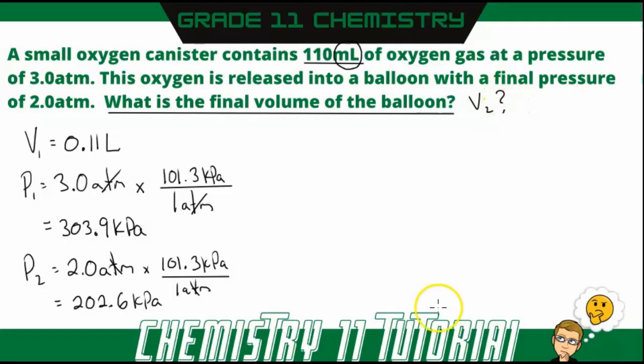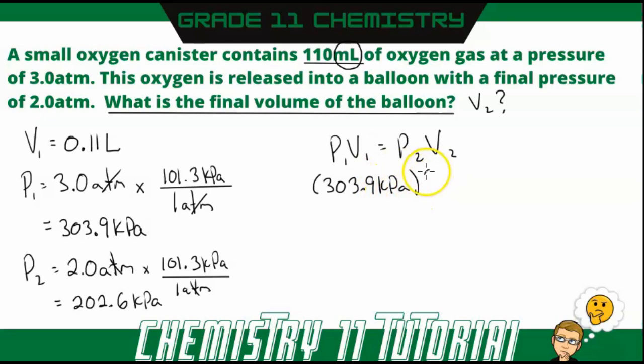So this is where Boyle's law comes into play, where P1V1 equals P2V2. If we sub in what we know, we have 303.9 kilopascals times that initial volume of 0.11 liters, which is going to equal 202.6 kilopascals times whatever V2 is.